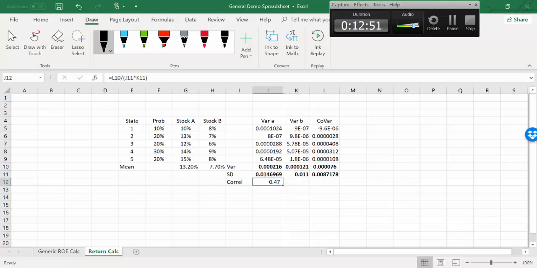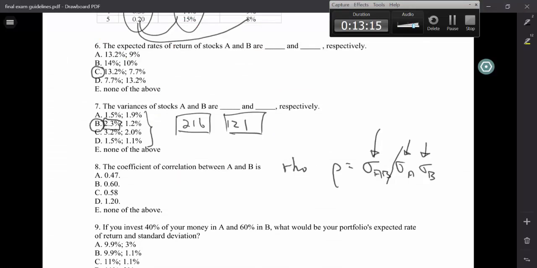And the correlation, so you can see, is actually dividing this one simply by this and this. You can see that in the formula on the top left hand corner. So the correlation coefficient is 0.47. So the correct answer is A.